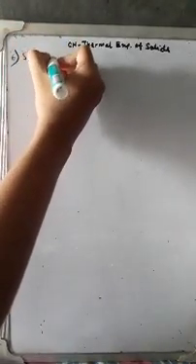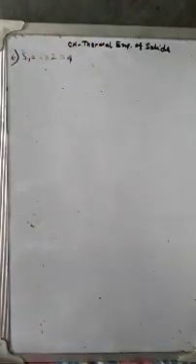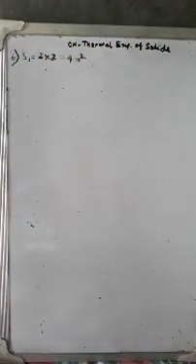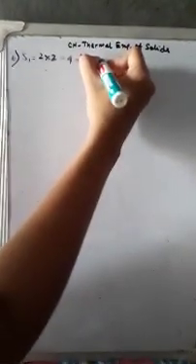That means 2 into 2 equals 4, isn't it? 4 meters square. Why? 2 meters into 2 meters gives you 4 meters square. Now, what you have to calculate? You just remember the formula. We need that S1 as well as we require the beta. Now let's find out the value of beta.